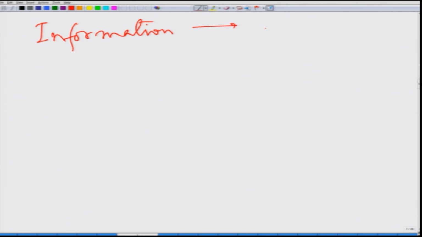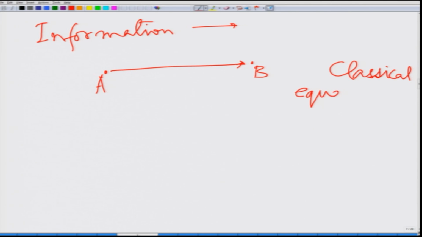So, for instance, when we have a train moving from say point A to point B, that information, the motion of a train from point A to point B, can be looked at in a way which can form equations of motion, and since we are talking about classical objects, this is a classical equation of motion which will be set up.